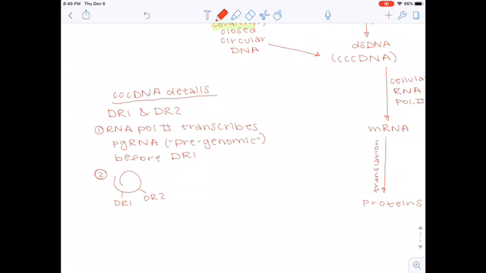And so the negative sense is going to be transcribed first until the DR2 region is passed and the DR1 region is looped. That makes it where there are copies of DR1 at each end of the newly formed strand.